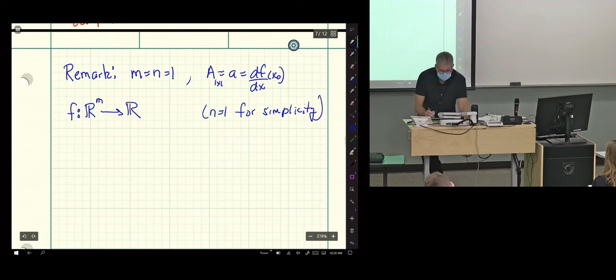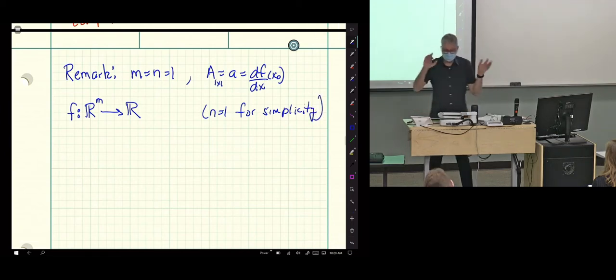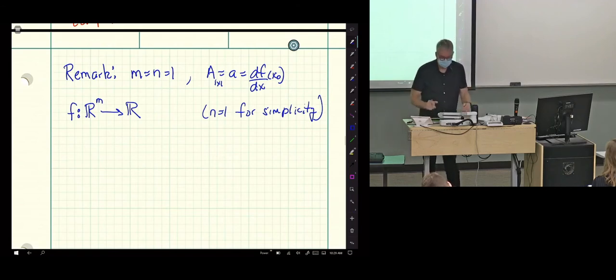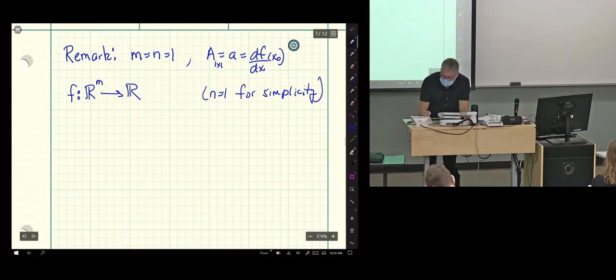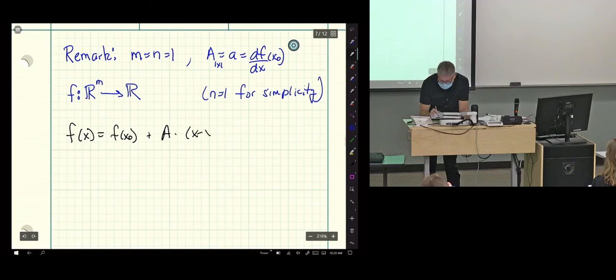So we'll start out with f depending on a bunch of variables, but it's still real valued. So then f of x we're writing as f of x0 plus, once again, A times x minus x0.